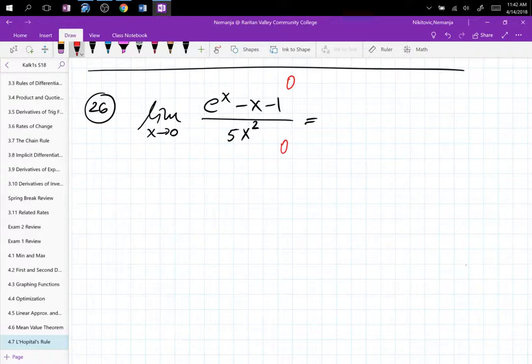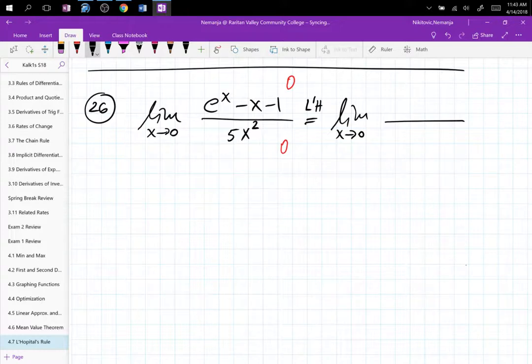Since we have the indeterminate form 0 over 0, I am allowed, by L'Hopital's rule, to take separate derivatives of numerator and denominator, and we have e to the x on top and 10x on the bottom.